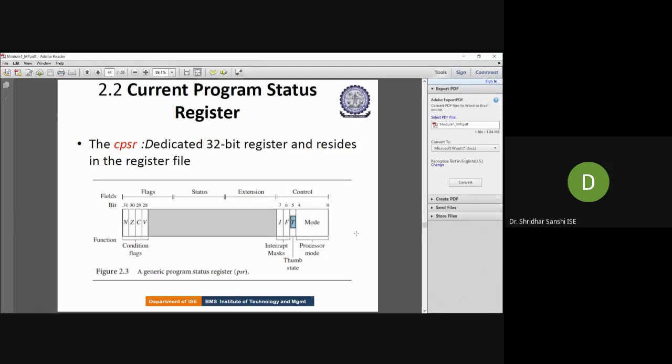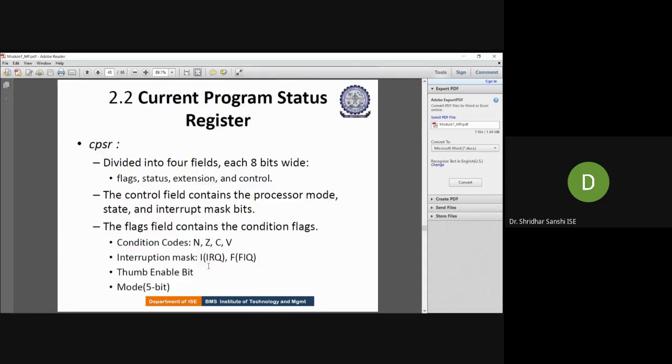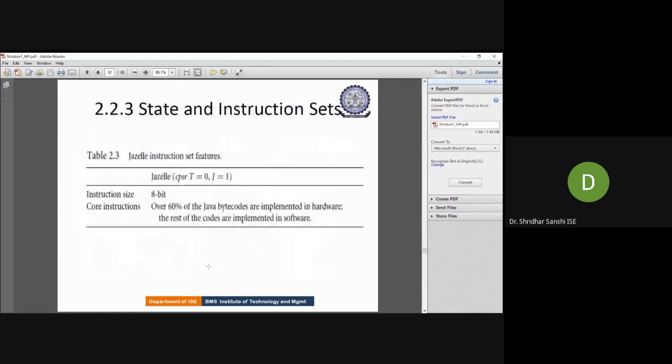Suppose we are using the Jazelle technology, that is a third instruction set. If you are using that, then the J bit will be present. If the Thumb bit is set as 0 and J is set as 1, then it means the instructions we are using are Jazelle instructions.